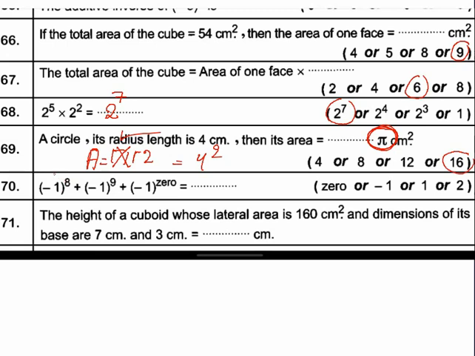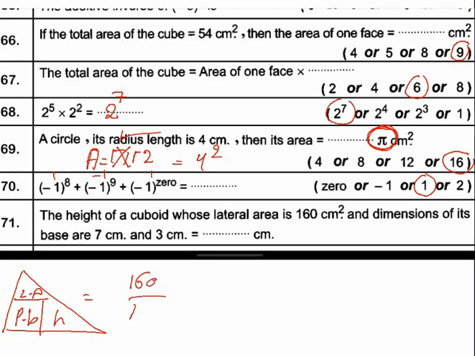Okay, this is 1, negative 1 and 1, it will be 1. Height of cuboid, lateral area 160, and dimensions of its base 3 and 7. From the magic triangle, lateral area is perimeter of the base times height. Lateral area 160. Do you have here the perimeter of the base?